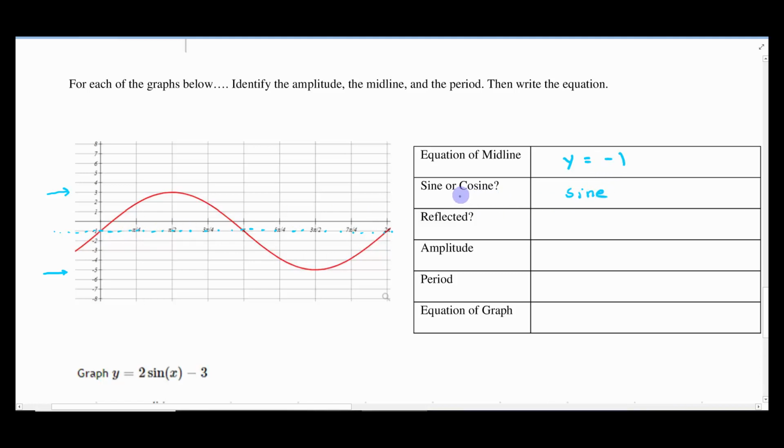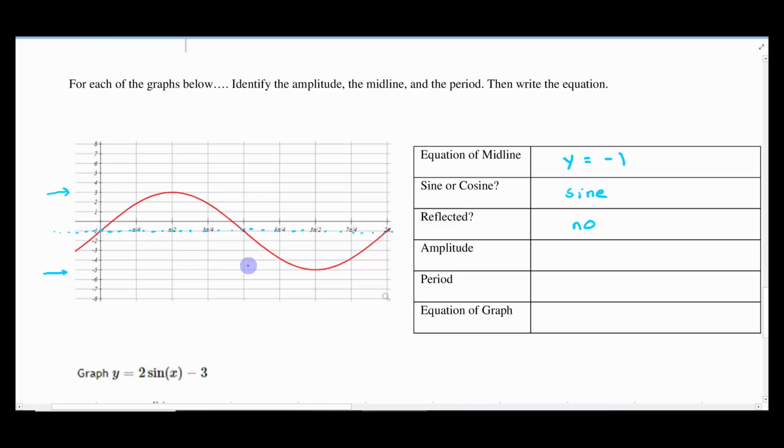If it starts above or below the midline, it's a cosine. If it starts on, it's a sine. Then we want to know if it's been reflected. A sine graph normally starts by going up from the midline. If this were going down, like if it were instead going this direction, that's how we would know it was reflected. So this one has not been reflected at all.